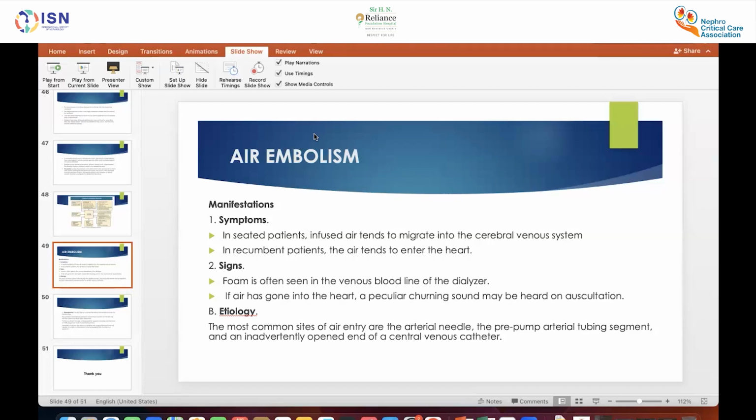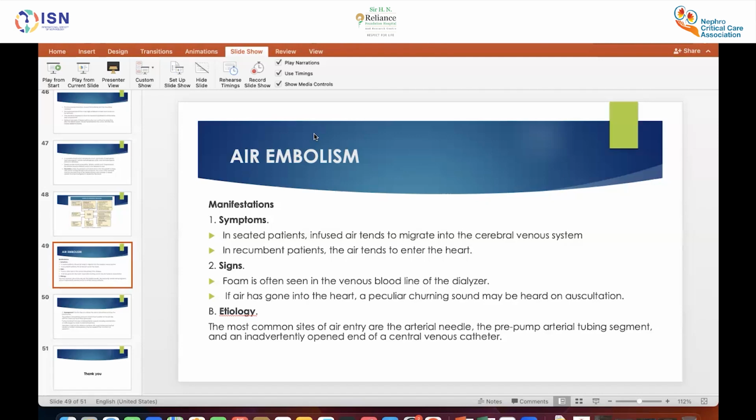So that is the commonest thing we have seen. It is a practical thing which I have seen. Opening of the central venous catheter is rare, unless you have not properly put the luer lock connection of the arterial and the venous end. There is a leak in the arterial and there is a leak.